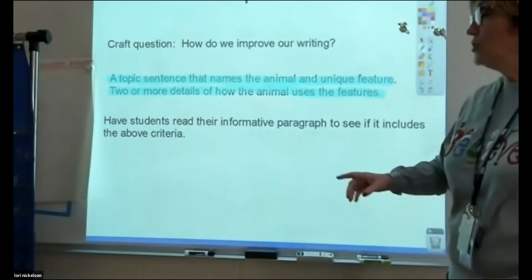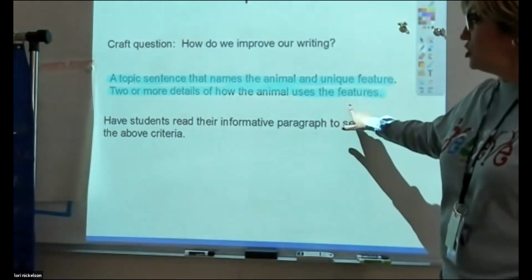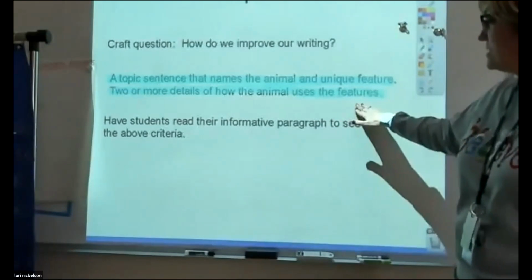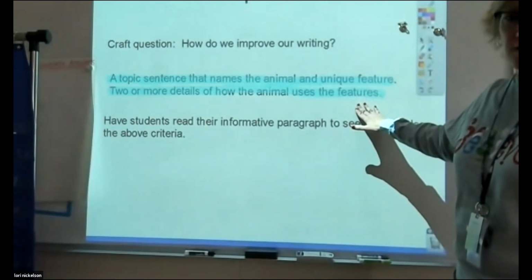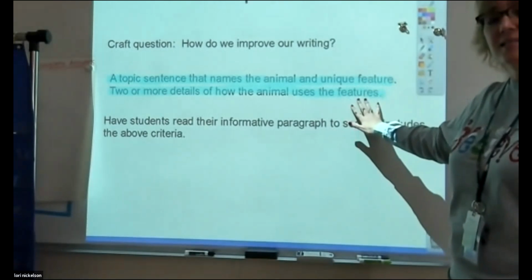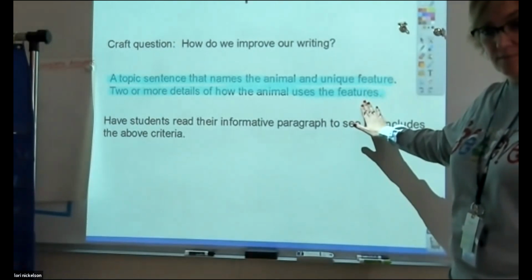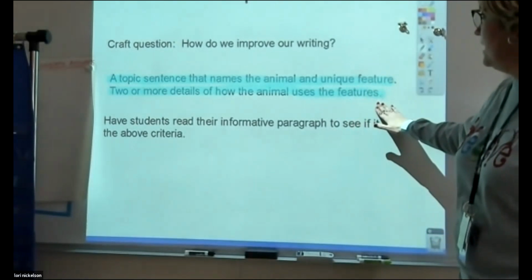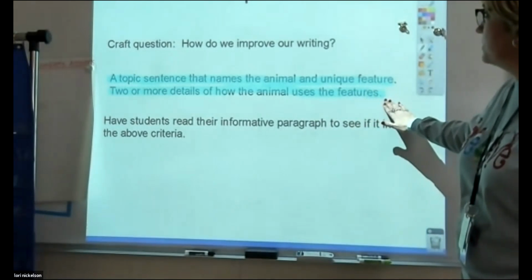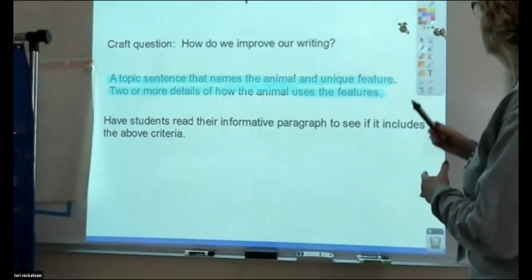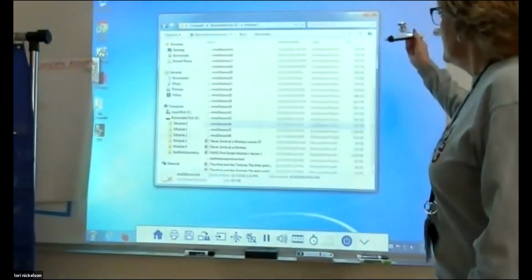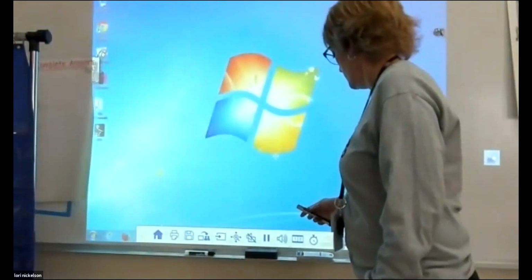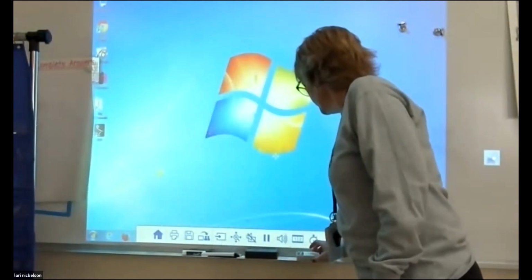And I want you to look to see if your writing also has 2 or more details about how this animal uses their features. So you are editing your writing, all right? You're editing and improving your writing. So make sure you're doing that. Okay. Awesome, my friends.